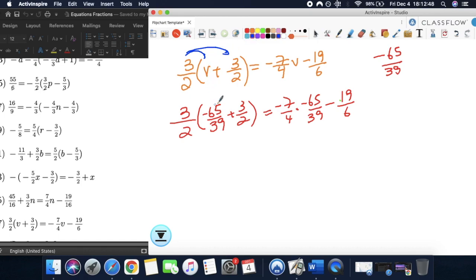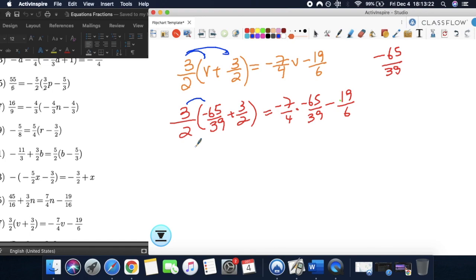Okay, do I want to add them? I guess I'll add them. So 3 over 2. I'll just do this for you properly. It's a matter of choice. Does it matter which one you do? It really doesn't matter.